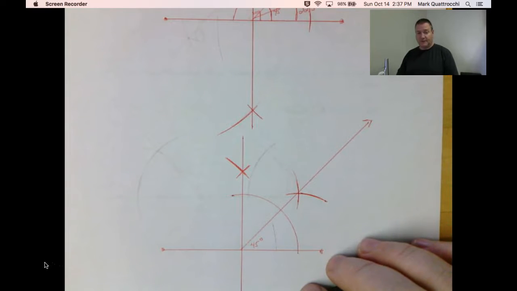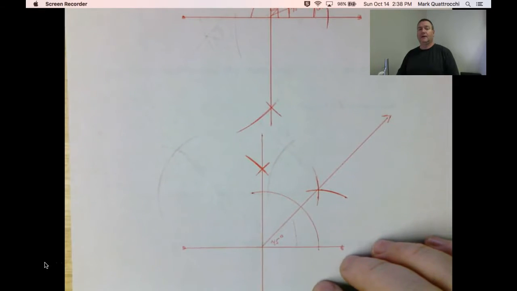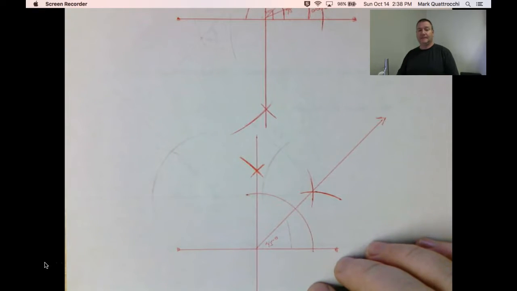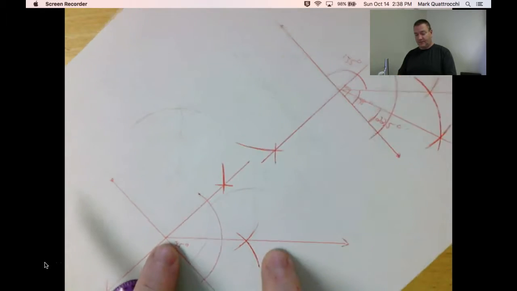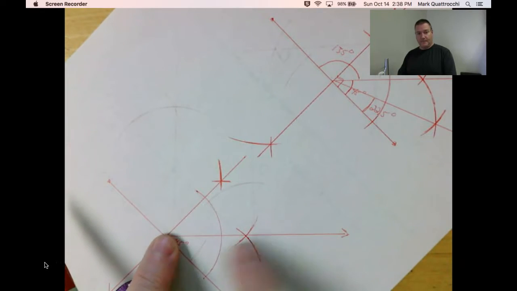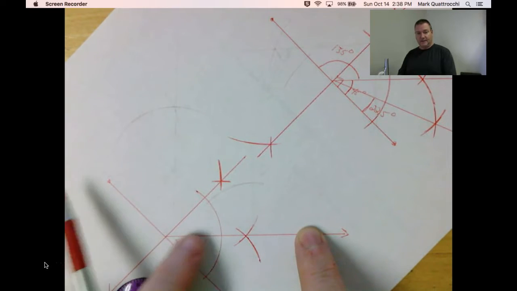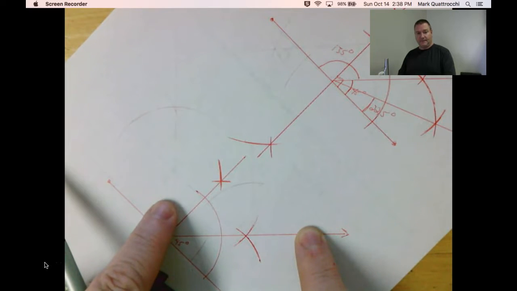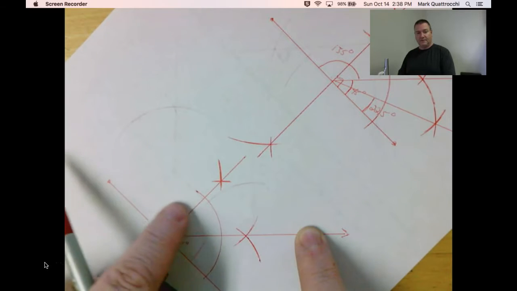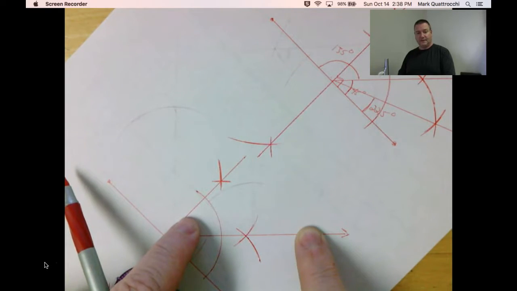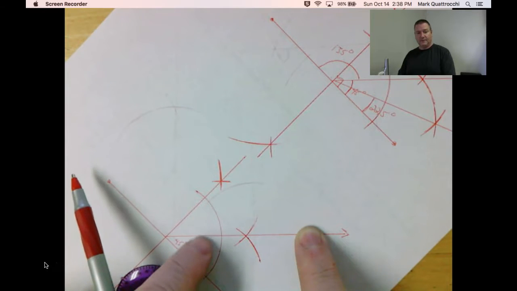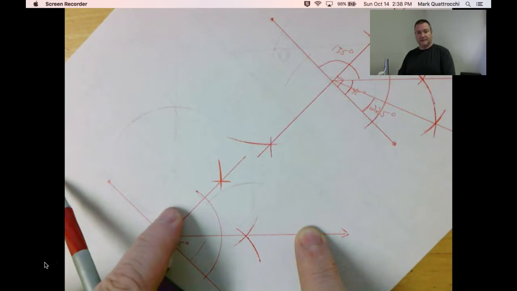I still want 105 degrees, but 45 plus 60 is 105. So now if I can make a 60 degree angle off of here, from this line, if I can make a 60 degree angle up, then I will have 105 degrees from the 45 plus the 60.